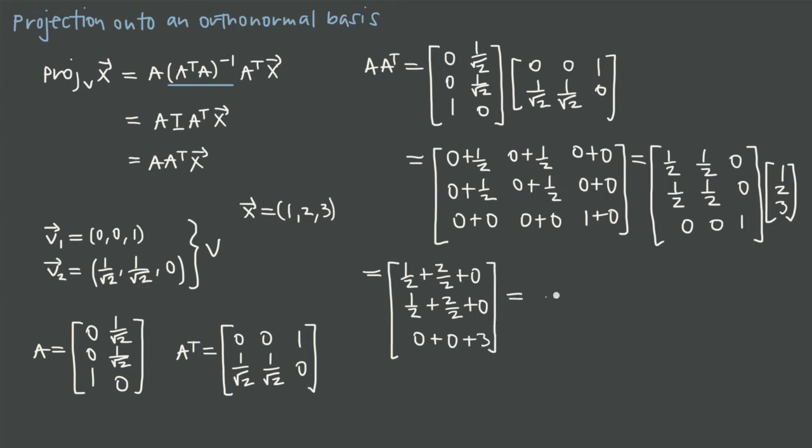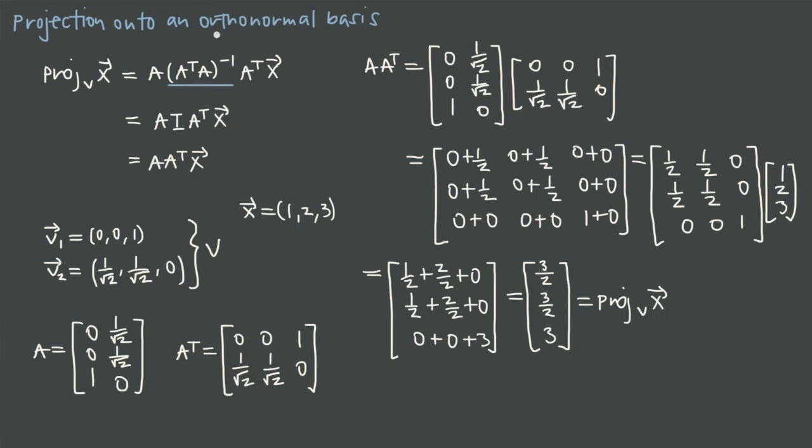So we'll simplify, and the result then is 3/2, 3/2, and 3. And this then is the projection of this vector x onto V. So we can call this the projection of the vector x, where x is 1, 2, 3, onto the subspace V, where V is defined by this orthonormal set. It's a plane in R3.